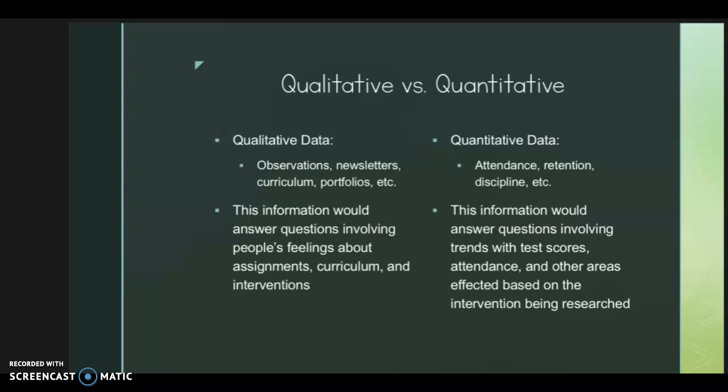Or what effect does PBIS have on student behavior? And the teacher researcher would be able to analyze the number of absences students had during the intervention and before that, as well as the number of behavioral referrals the principal got before PBIS and then when that intervention was implemented, to determine if it's showing a positive outcome or not.